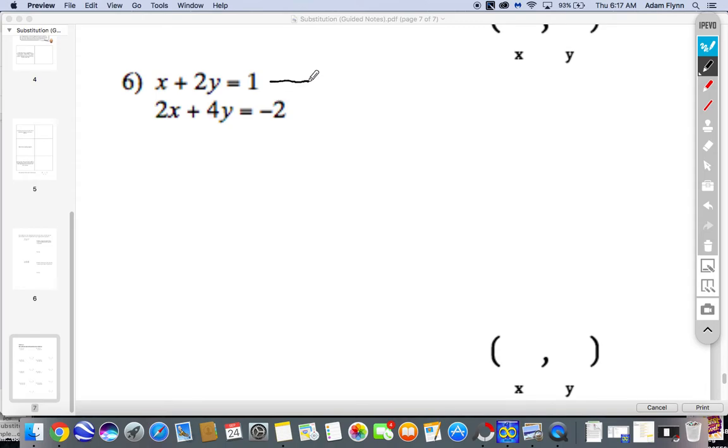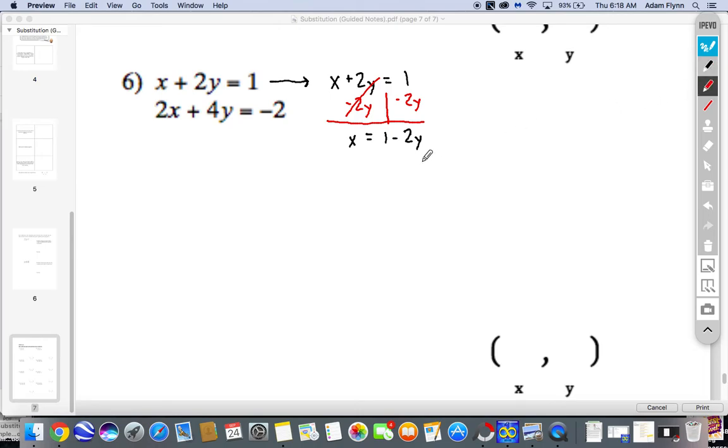So I will rewrite the top equation. To get that x by itself, I can subtract 2y on both sides. Two y's are going to cancel. So I get x equals 1 minus 2y.